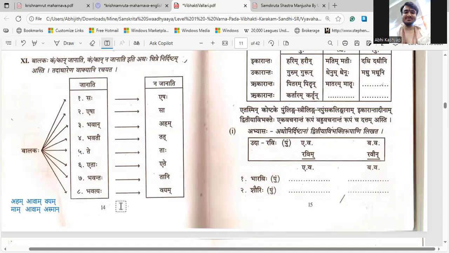Now we will learn about Yushmat Pada. Yushmat is for you. This is usually second person. Here, the Prathama Vibhakti singular, that is Ekavachana, is Tvam. Then the Dvivachana form will be Yuvam.